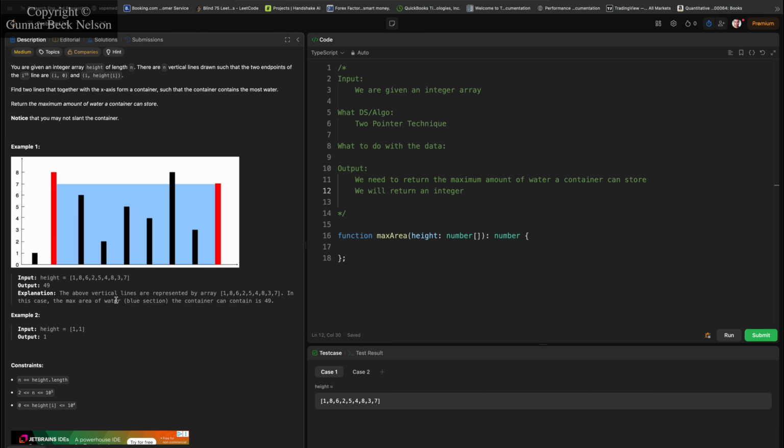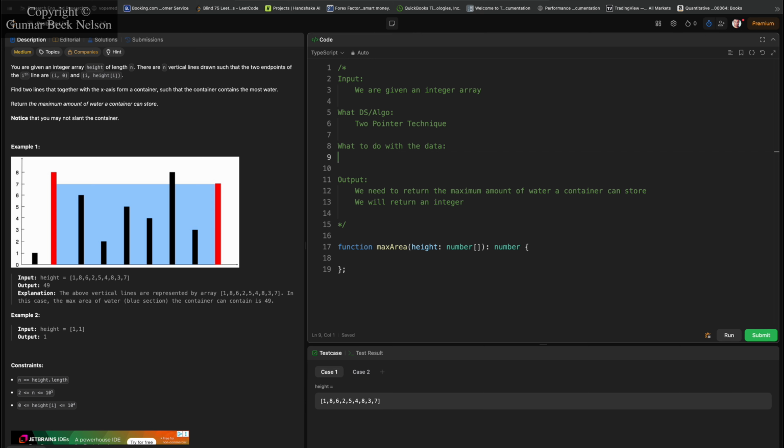The vertical lines are represented by the array, and the max area of the water, which is the blue section, that the container can contain is 49, because we look at the spaces between each of the lines as well to form the area, because area equals base times height.